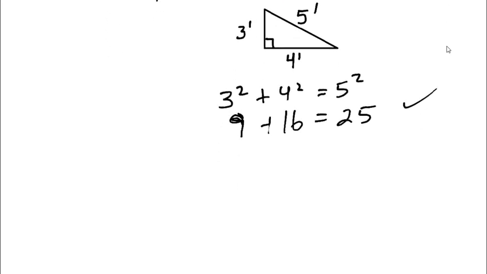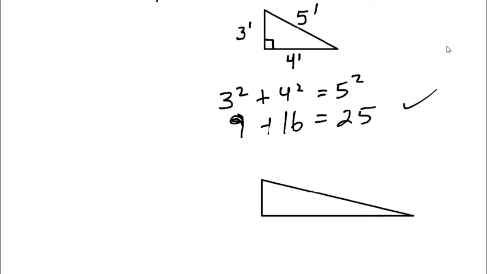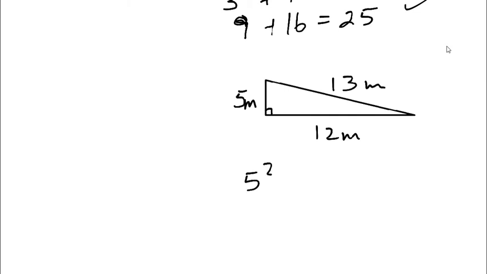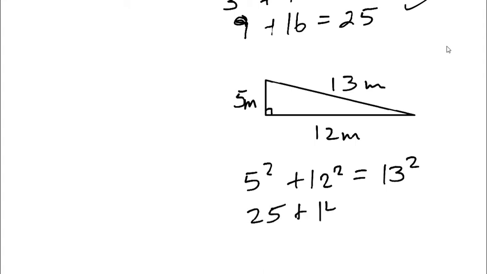Another common one that you'll see is a right triangle that looks more like this, and maybe this one will have a 5-meter side and a 12-meter side, and the hypotenuse would have to be 13 meters. Because 5 squared plus 12 squared equals 13 squared. Really? Yeah, 25 plus 144 equals 169.